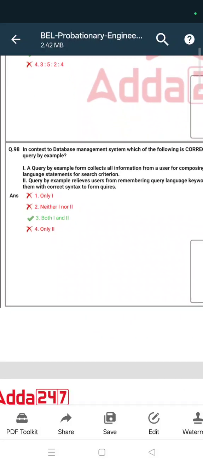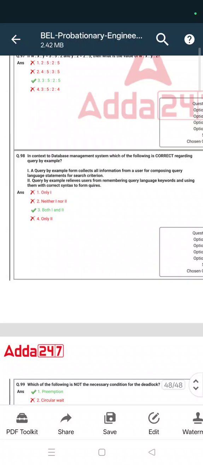In the context of database management, which of the following is correct regarding query by example? Both 1 and 2 are correct. Statement 1: A query by example form collects all information from a user for compulsory query language statements for search criteria.